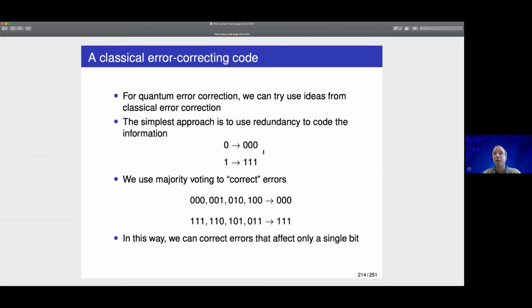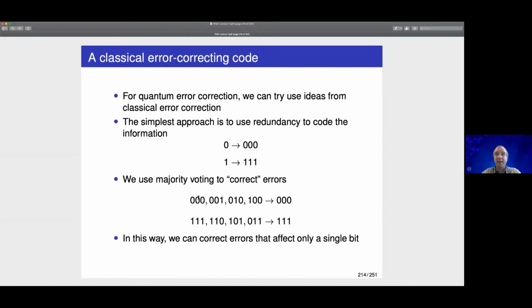Okay, because if I send the bit 3 times and only 1 of the bits change, I can use the majority vote in order to correct the error that has occurred. So provided that only one error occurs at most, I am able to correct the information, to restore the correct information by using the majority of the results.